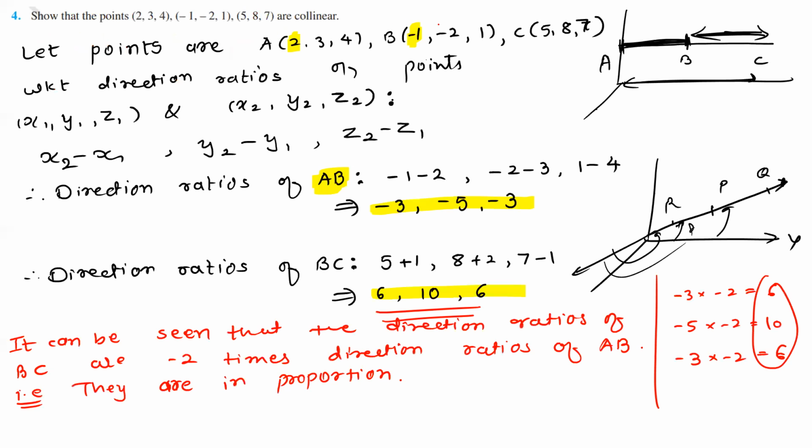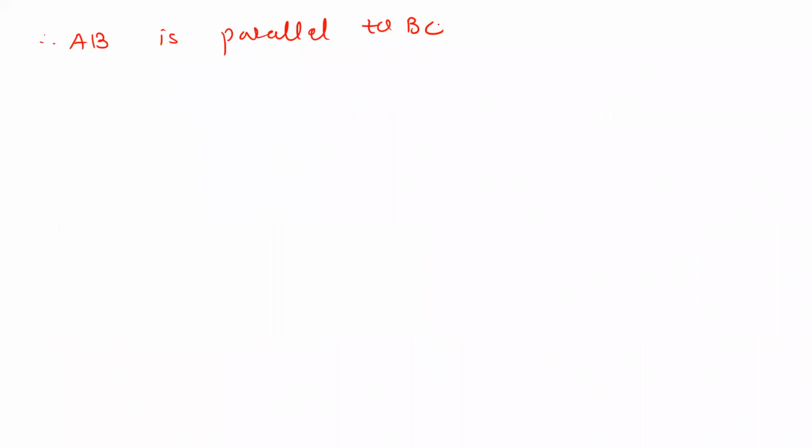That means AB is parallel to BC. When two direction ratios are in proportion, we can say they are parallel. In this case, AB and BC are parallel.